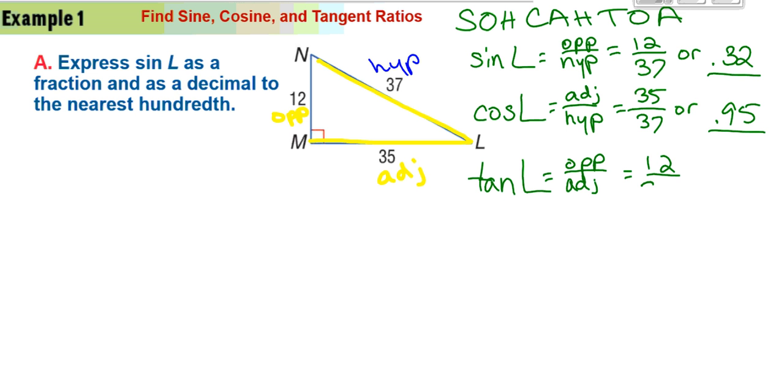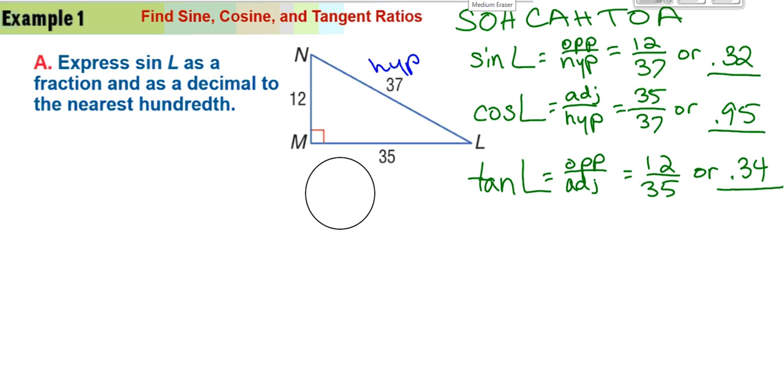The adjacent side is 35. So 12 over 35, or get that as a decimal to the nearest hundredth, 2 decimal places, just a reminder, is 0.34. And sometimes we put a 0 in front of those, which is a good habit, and I did not do that. So then there's 3 more answers that we have to give.